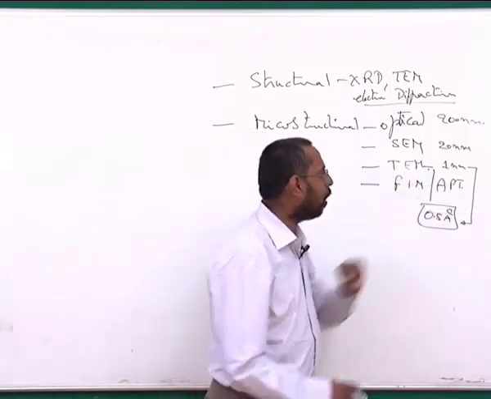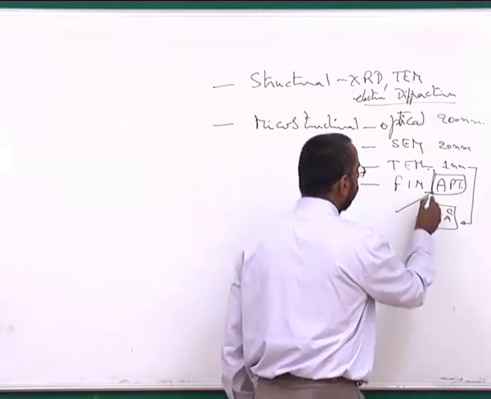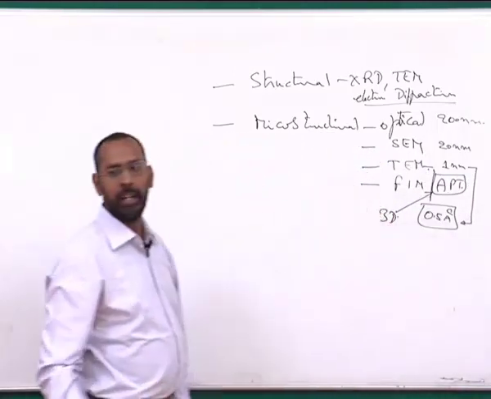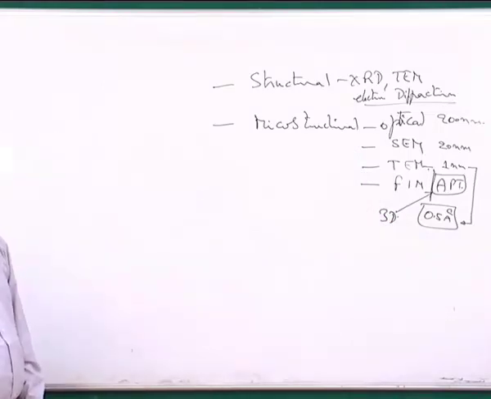And so we talked about what is called atom probe tomography, where you can get 3D information of atomic arrangement. So you can get atomic resolution and get information about how the atoms are distributed in a material.